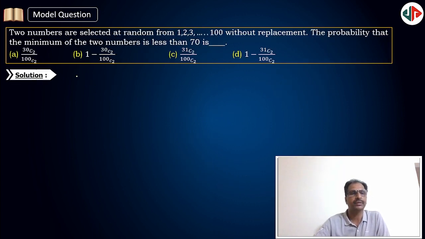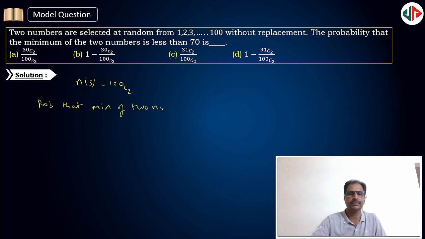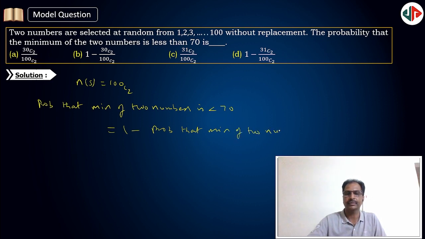Next, again the same model. Two numbers are selected from 1 to 100. In how many ways can you select two from that? 100C2 ways. The probability that the minimum of the two numbers is less than 70, similar to the previous one, is nothing but 1 minus the probability that the minimum of the two numbers is greater than or equal to 70.